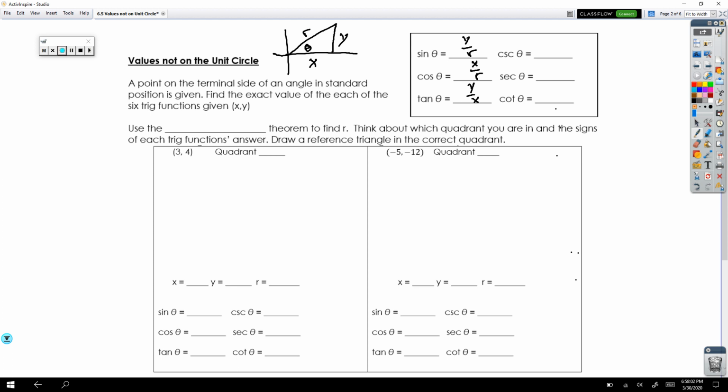And then we have our reciprocals. So cosecant is r over y. Secant is r over x. And cotangent is x over y. Now, when we think about our geometry days, when I had right triangles and I needed to find that hypotenuse, in this case find r, I would use the Pythagorean theorem.